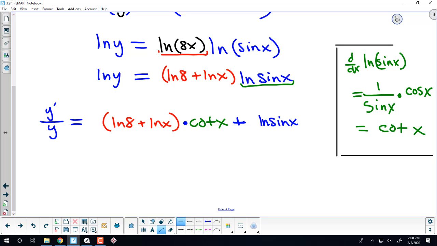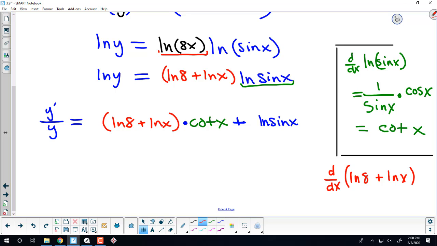What's the derivative of our first term? 1 over x, right? ln of 8 is just a number.